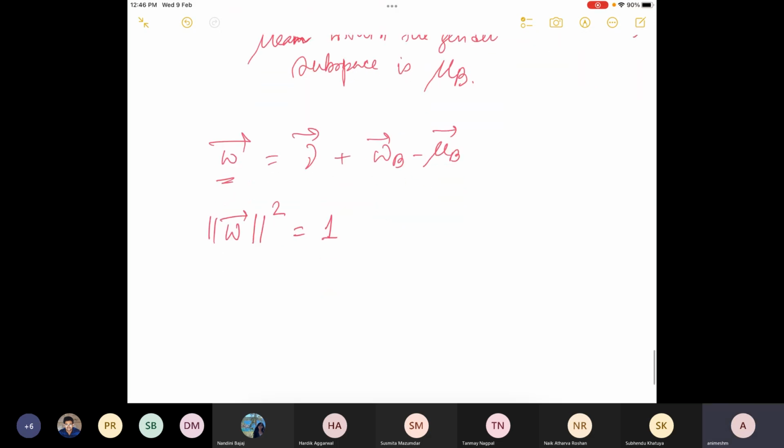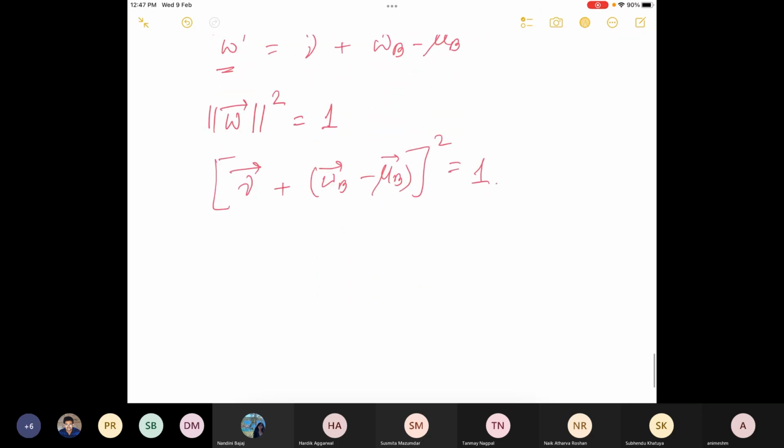So this means that I want, so if I expand this, what will I get?